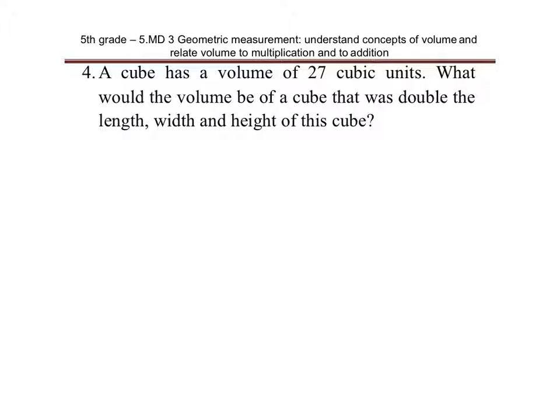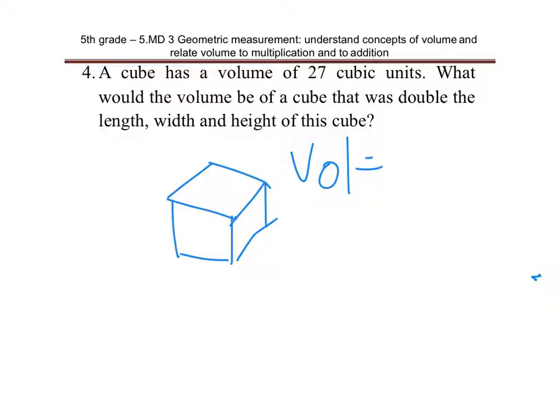So in this one, we know that our cube has a volume of 27. Well, working backwards, if volume equals 27, basically you're saying what times itself twice, what cubed, n times n times n.